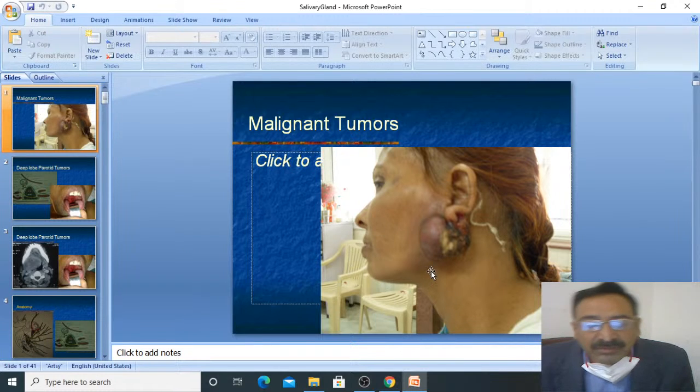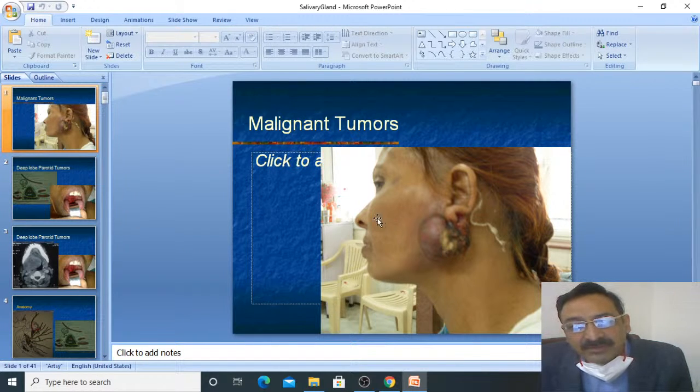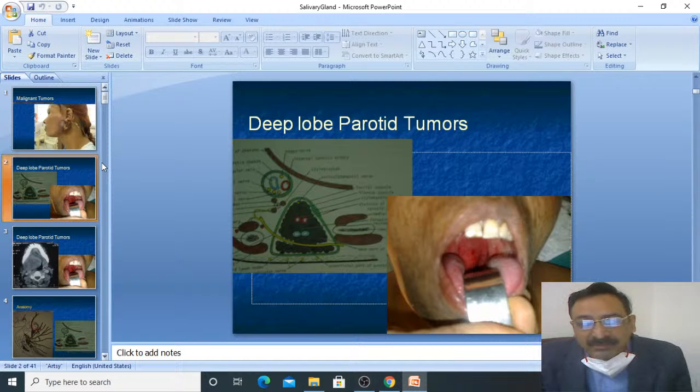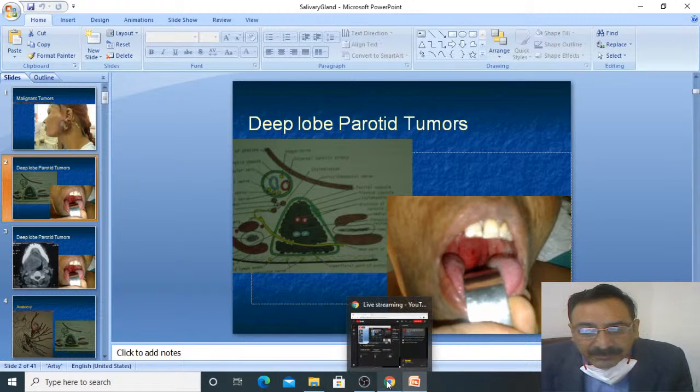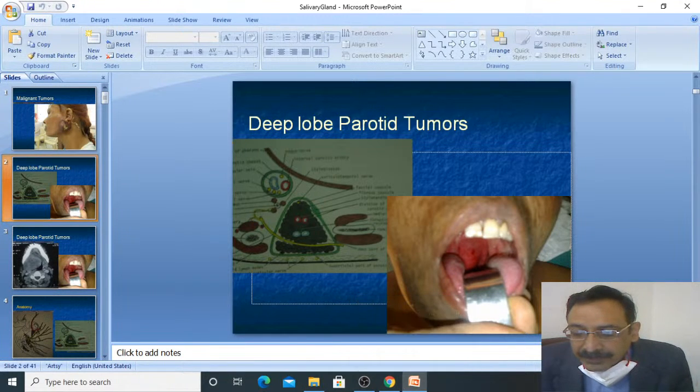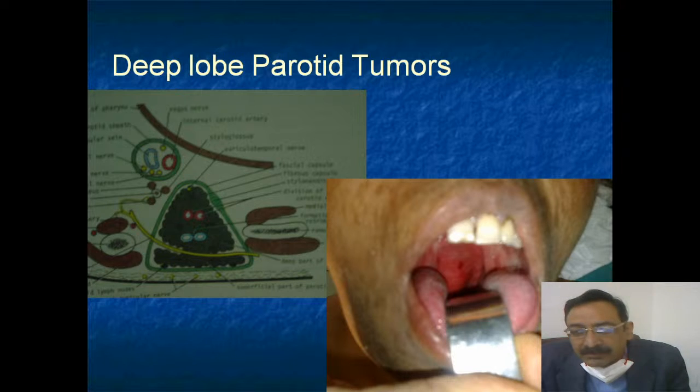So the first question you need to ask yourself when you see a patient with a tumor is, is it benign or is it malignant? The second question you need to ask yourself is, is this a superficial lobe tumor or is this a deep lobe tumor? So here's a patient who has a deep lobe tumor. Why is it a deep lobe tumor? Because you can see that bulge intraorally. You know that the parotid is divided into two bits, the superficial lobe and the deep lobe.